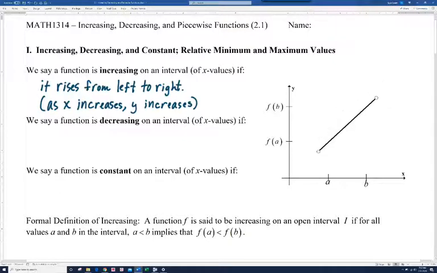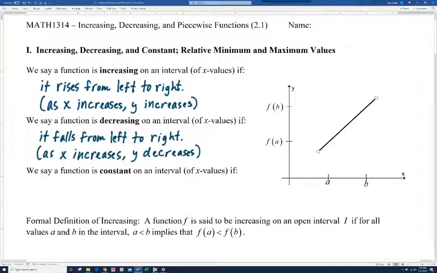We say a function is decreasing on an interval of x values if it falls from left to right. So an example would be something like that. Another way to say that is as x increases, y decreases, or the value of x increases, the value of y decreases.